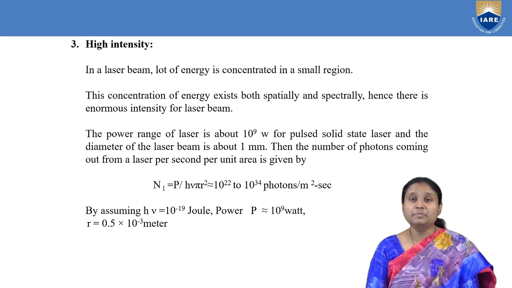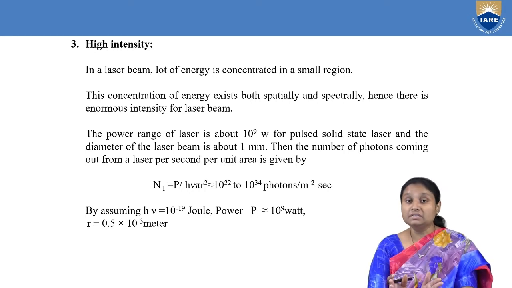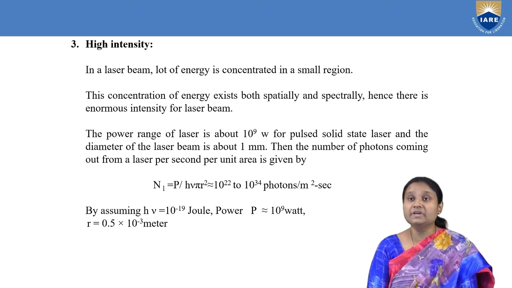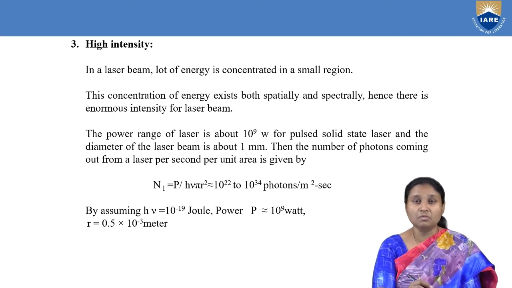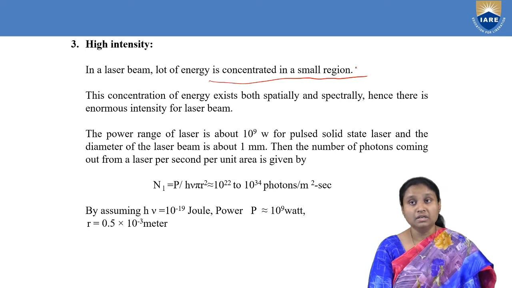And why does it have this property of being highly intense? Because of its directionality. We know that in a laser beam, we have different rays of light. All those light rays will occupy less area wherever they are incident. Because here angular spreading is very less, divergence is very less. That's why all the energy of those light rays gets concentrated in a small region.